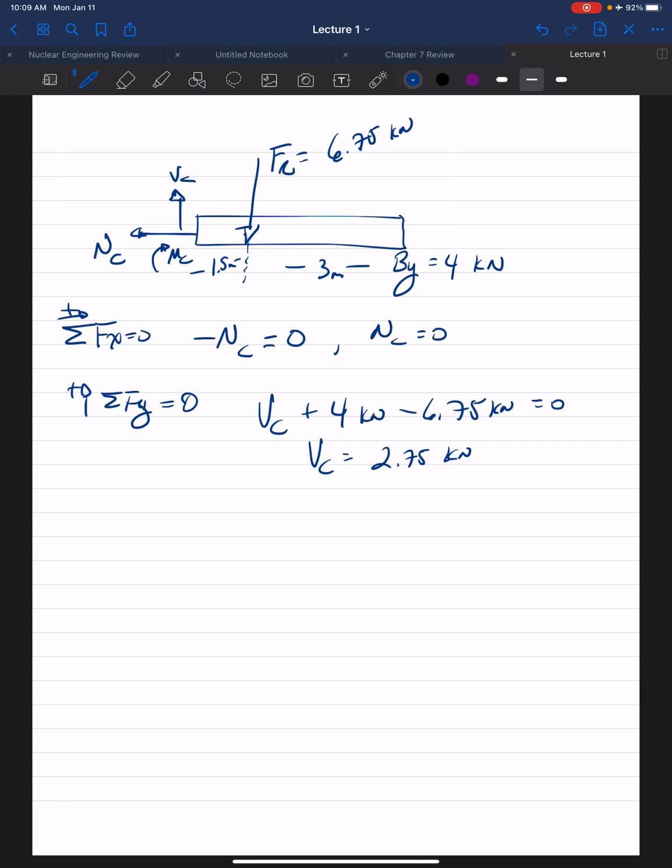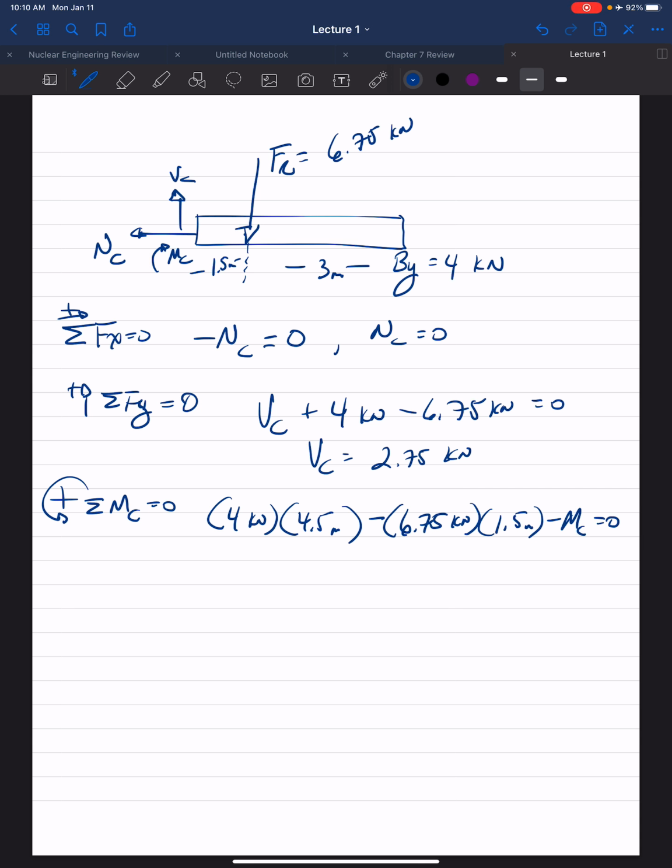To solve for our bending moment, we take the sum of all our moments about point C. You have our BY separated by a perpendicular distance of 4.5 meters, minus the distributed loading resultant force, which is at a perpendicular distance of 1.5 meters, minus our bending moment, M sub C. Solving for M sub C, you get 7 kilonewton meters.